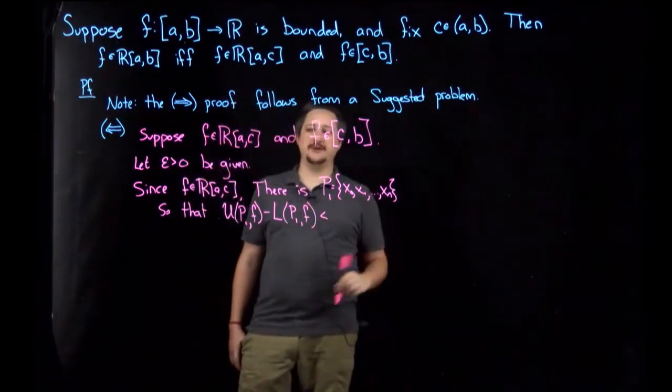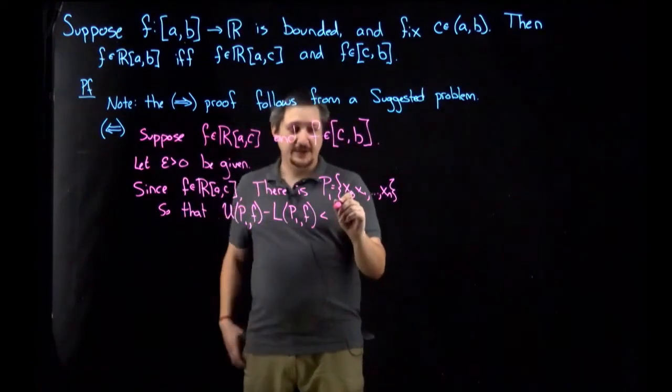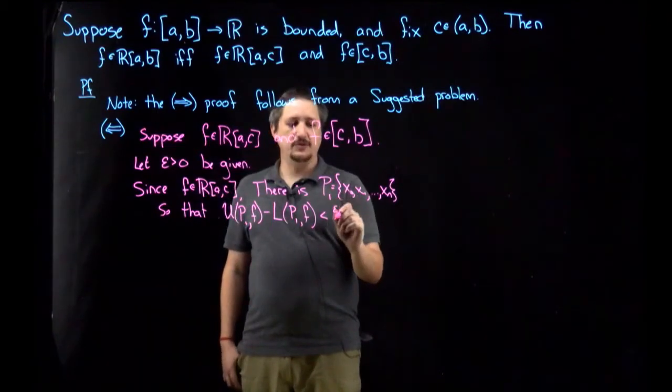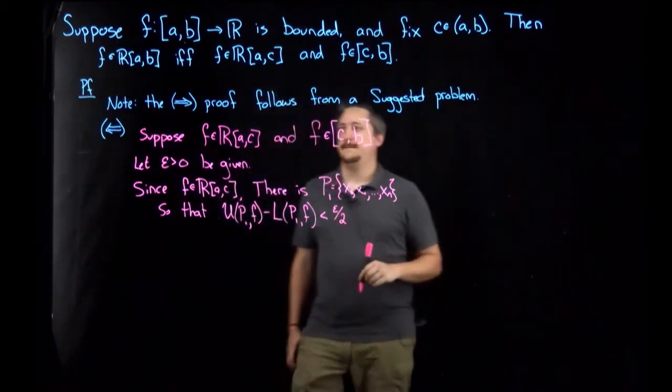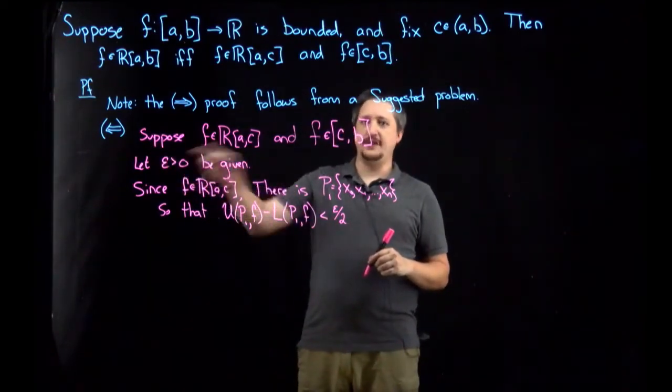I could pick 1, delta, 57, whatever. I'm going to pick, for reasons that will become obvious, the epsilon we started with over 2. Right, so remember, I can't change epsilon because that's been set already.